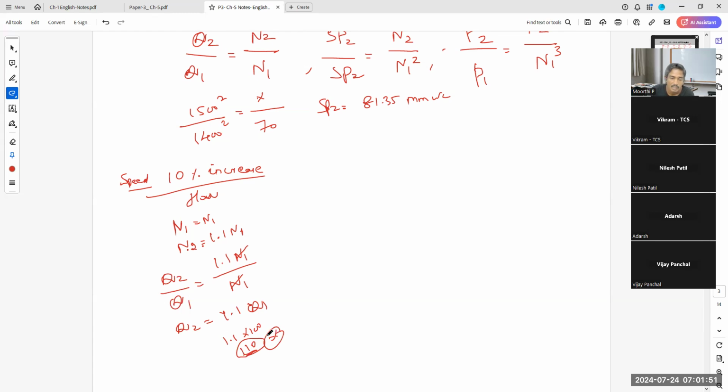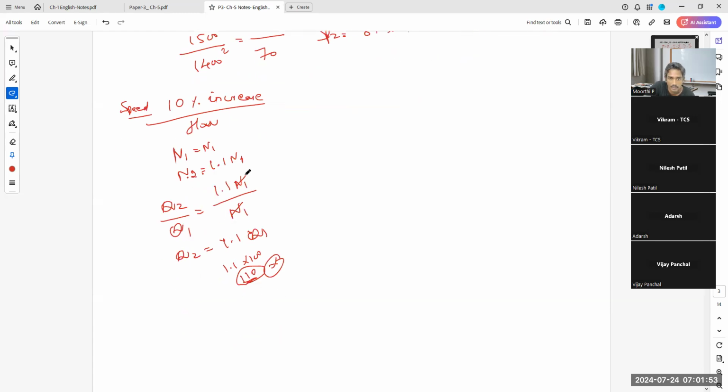You understand this, na? Then 10% increase. Now you understand? 10% increase, Q2 equals 1.1 times Q1. Vikram, tell me, any doubt? Nilesh, Vijay? Now clear?